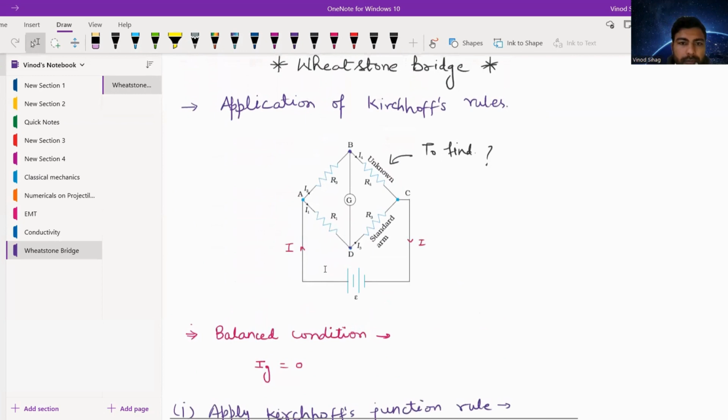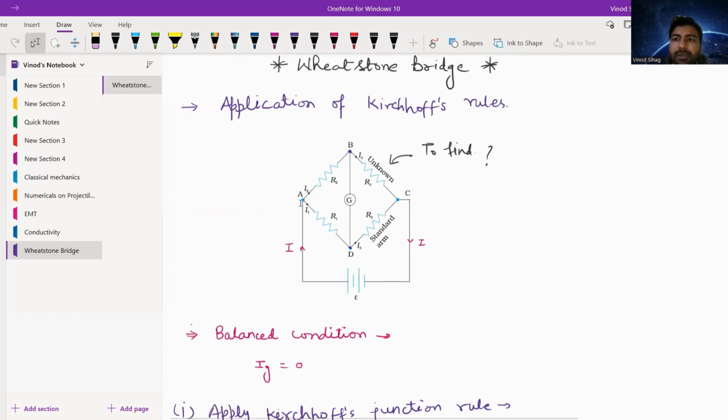Sometimes we do some mistakes also, so those mistakes should not be committed. So the loop should be ABDA. That means we are starting from point A and we should stop at the point A, same point, then only it will be closed.